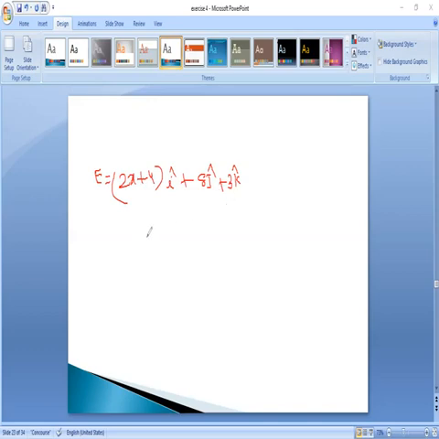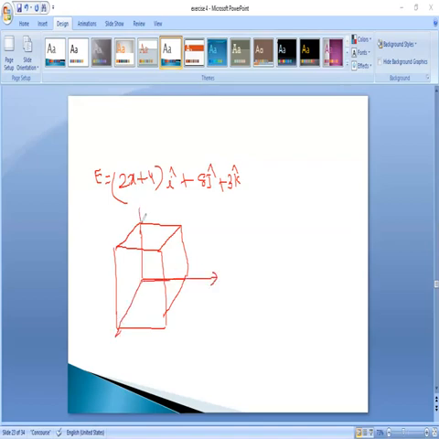And if I just consider a cubical shape here, let me consider this is x-axis and this one is y-axis and this one z-axis.